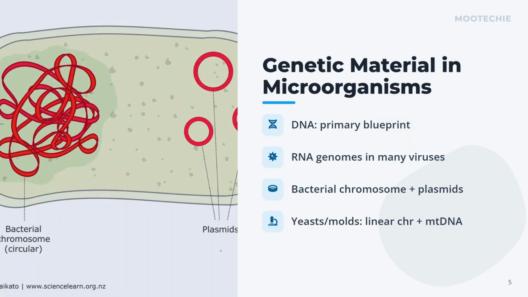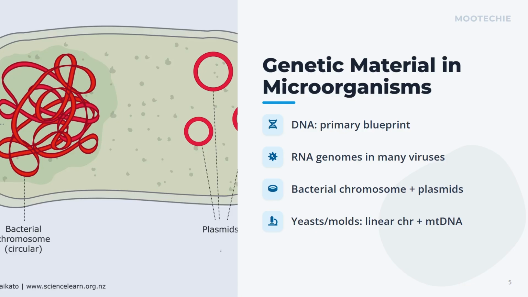Genetic material in microorganisms. The primary genetic blueprint is DNA. However, RNA genomes in many viruses are an important exception, like in influenza or HIV. In bacteria, the genetic material is organized as a bacterial chromosome plus plasmids, where the main chromosome is circular and plasmids are small, circular DNA pieces that often carry extra traits like antibiotic resistance.